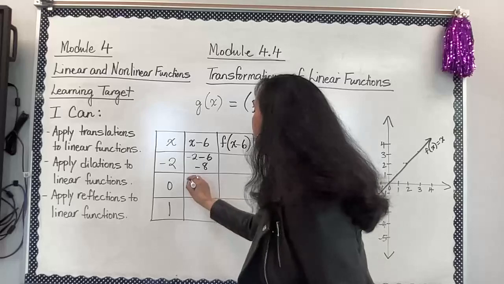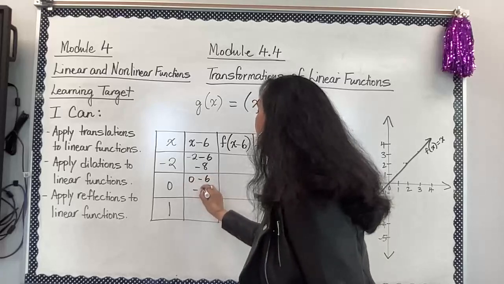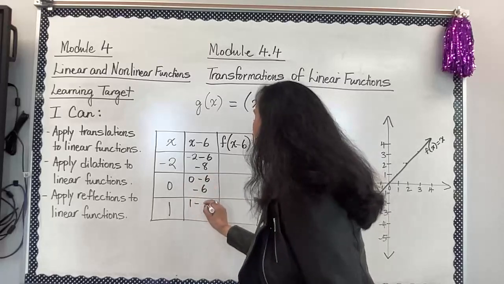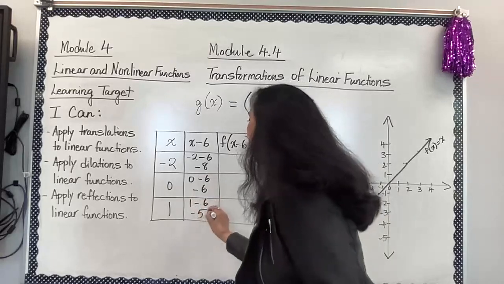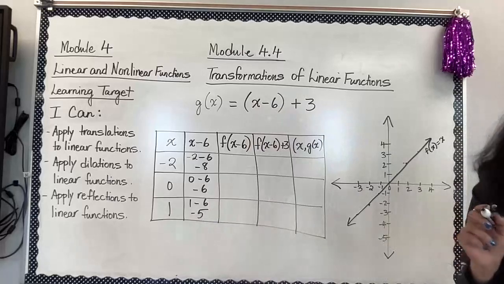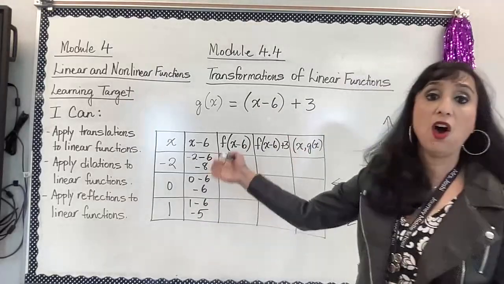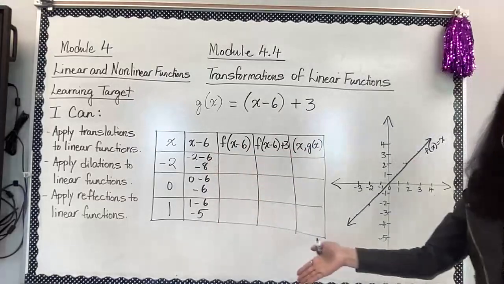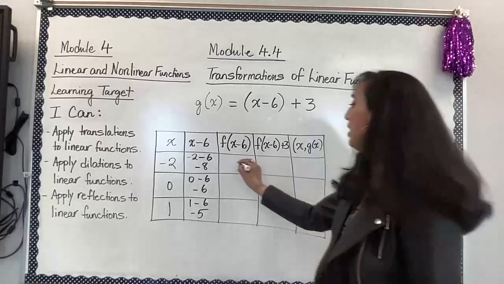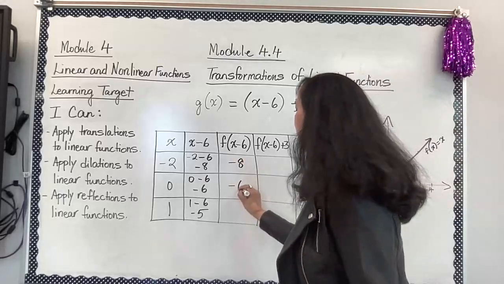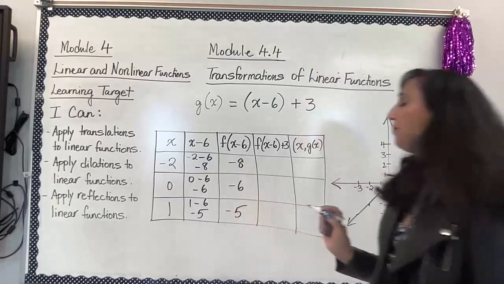I have 0 minus 6, I'm going to get negative 6. 1 minus 6, I'm going to get negative 5. So f of x minus 6 is all this that I just calculated, negative 8, negative 6, and negative 5.